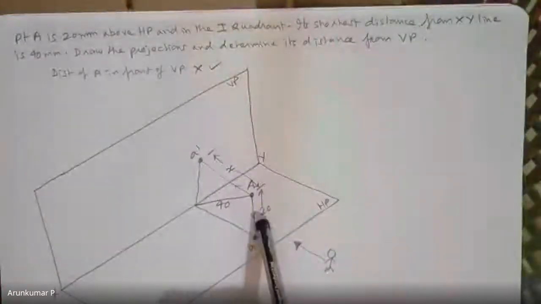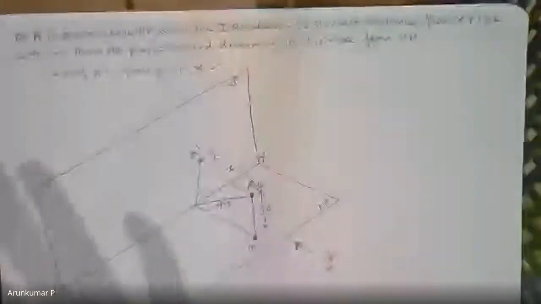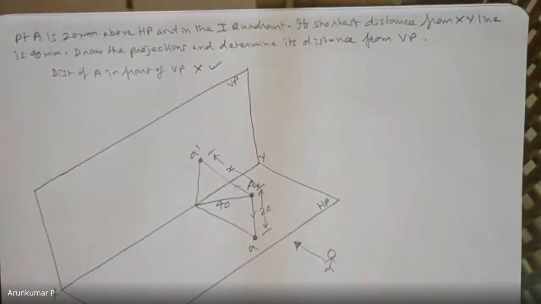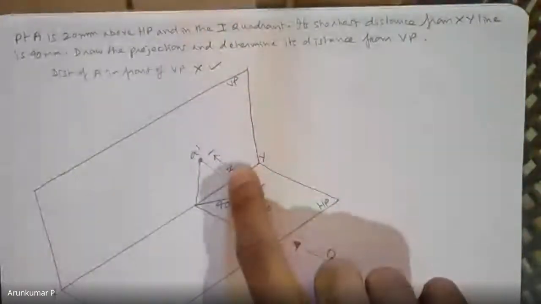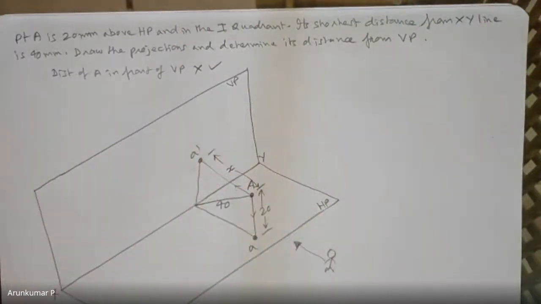Root of 40 square minus 20 square, if you do that, you will get the value of x. But this is not mathematics. You have to solve it by the graphical method only, the drawing method only. Okay, so now tell me how I should proceed to somehow get this value of x and to get the front view. What should I do?